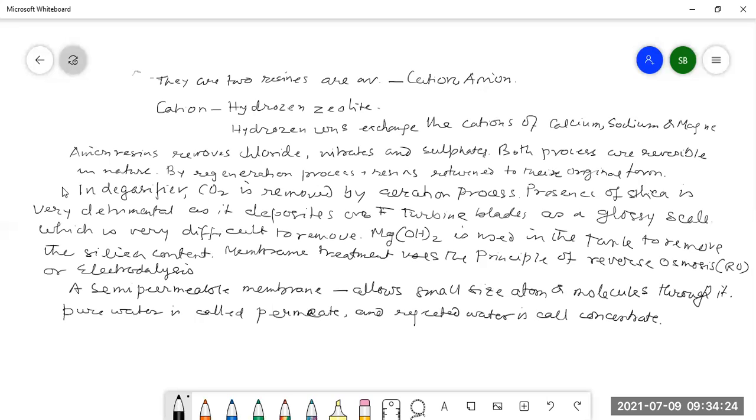Some amount of permeate is used to flush the membrane to increase its life and effectiveness.